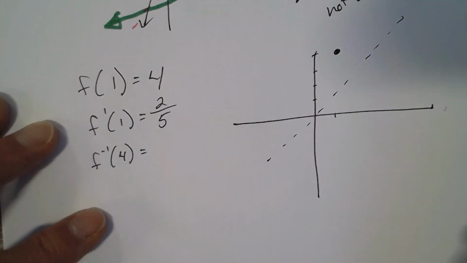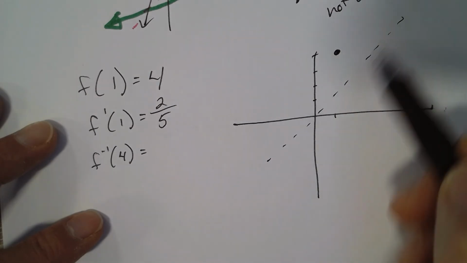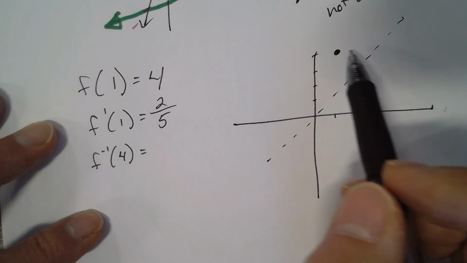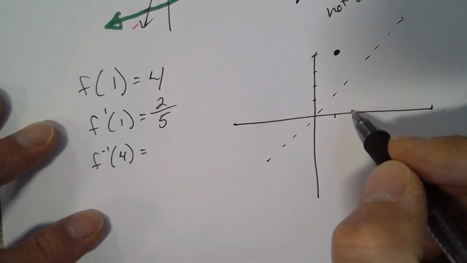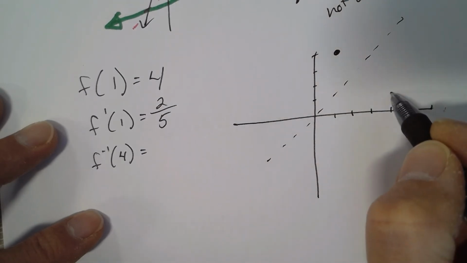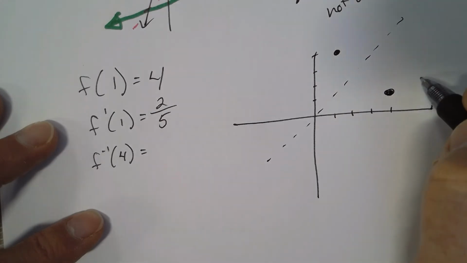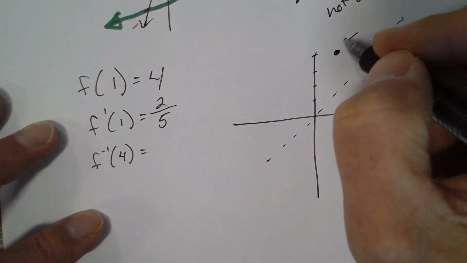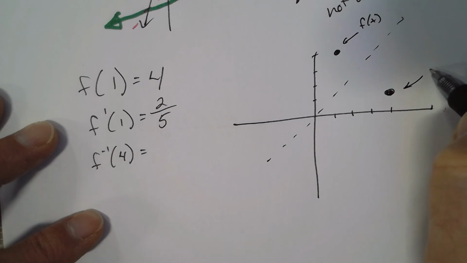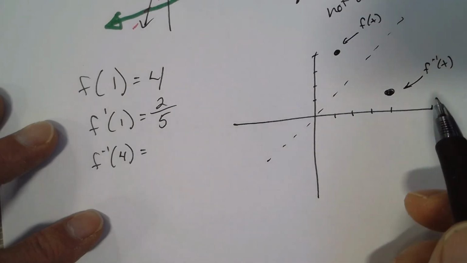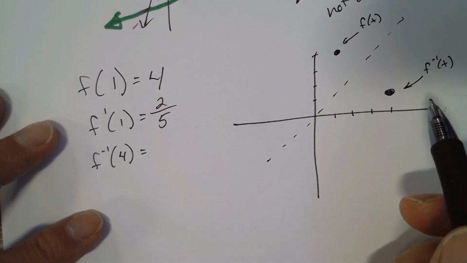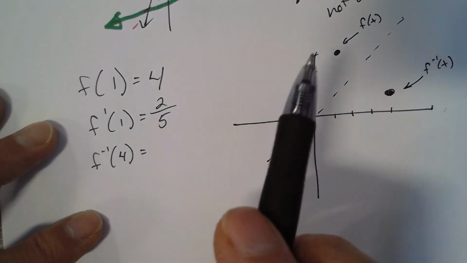Well, what point on the inverse has to exist? Well, if it's symmetrical to y equals x, it's reflected across it. So 1, 2, 3, 4, up 1, 4 comma 1. If this is f of x, this would be f inverse of x. 4 comma 1 has to exist on the inverse because the domain and the range switch.